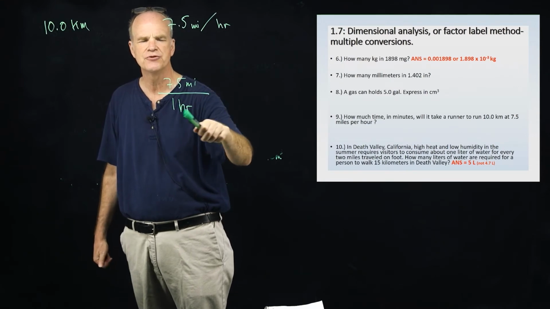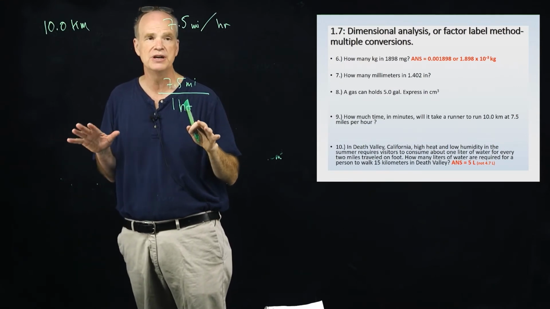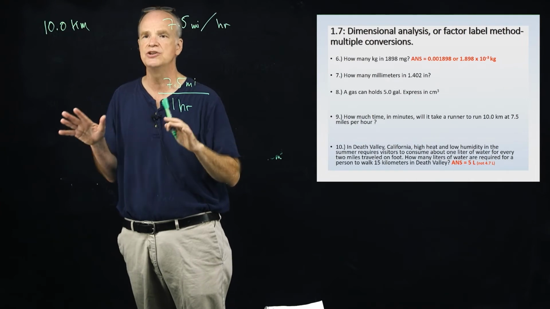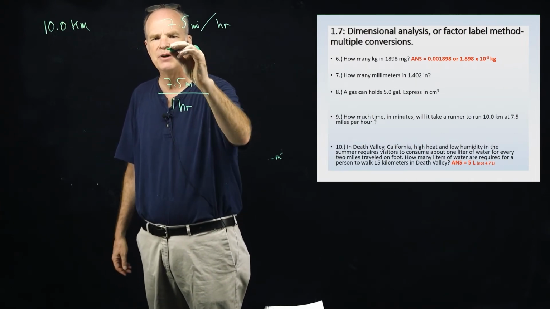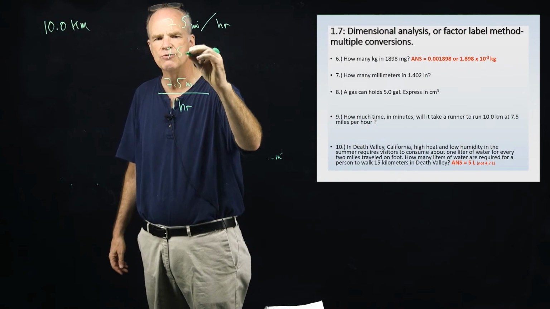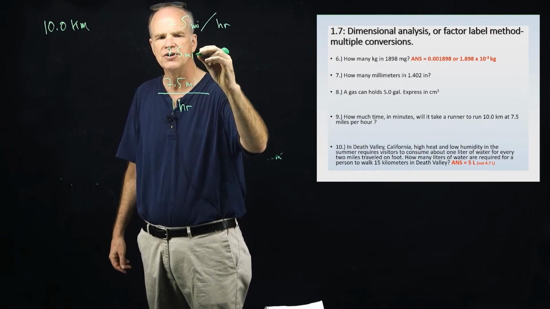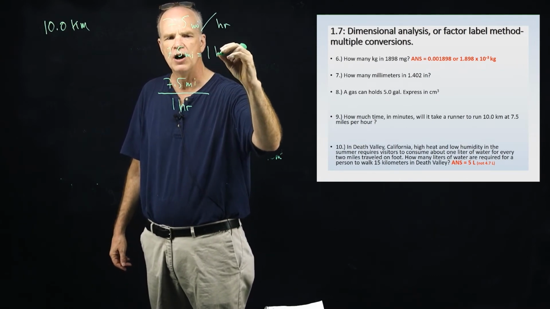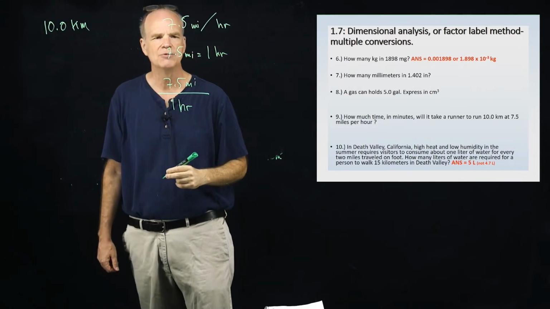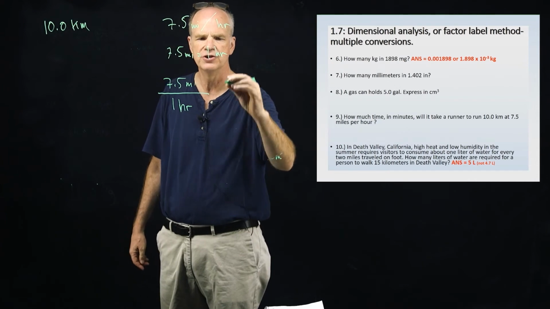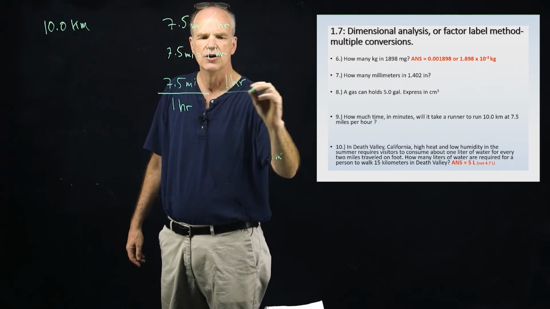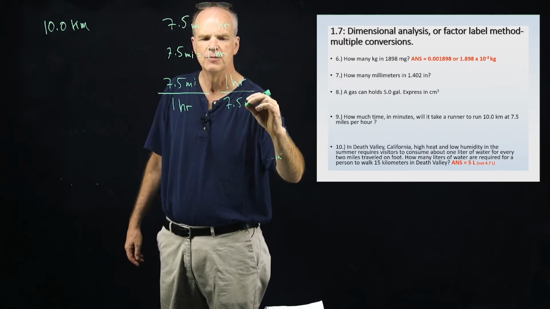And if you have this fraction here, that means we really have a conversion that can be used in this problem. So basically we have a situation where we know that 7.5 miles will be equal to 1 hour. And so what you could do is write the reverse fraction if you wanted to: 1 hour over 7.5 miles.